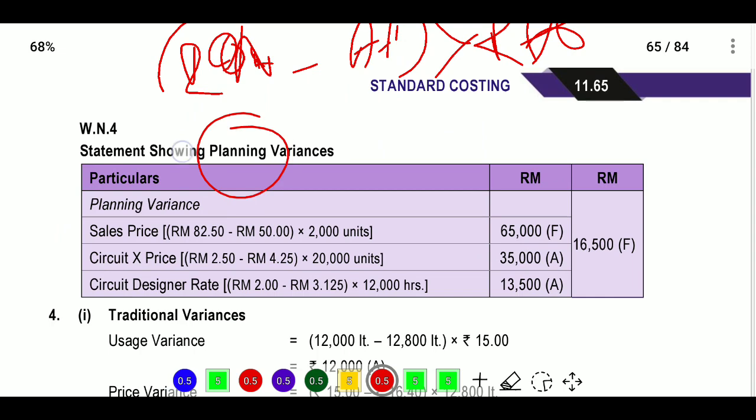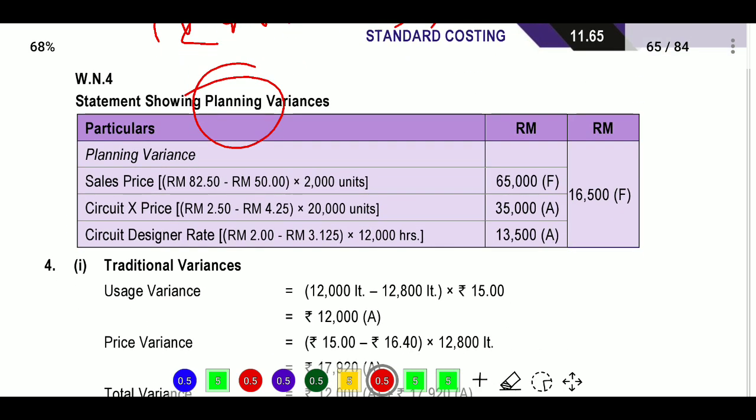Next, if you go for planning, we will take revised budgeted and actual. So here we will consider the budgeted and actual. First one, sales price. What is the sales price? In case of revised actual price minus budgeted price, we will take the budgeted price.